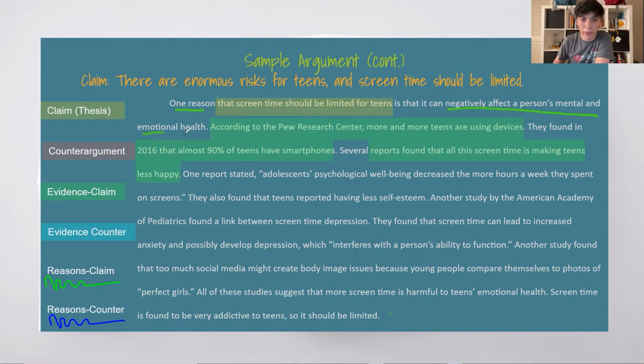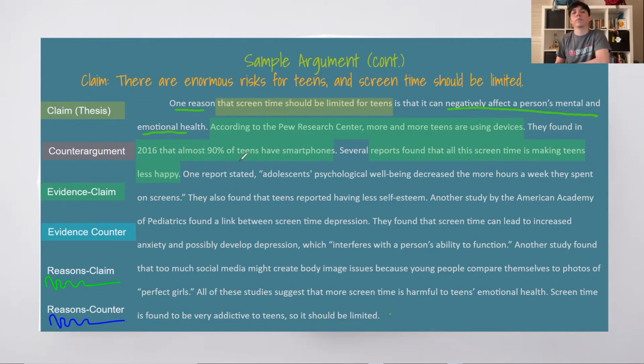But the piece of evidence that matches this one would be the following. The next sentence says, according to Pew Research, more and more teens use devices. So they found that in 2016, almost 90% of teens have smartphones. Reports found that all of the screen time is making teens less happy.